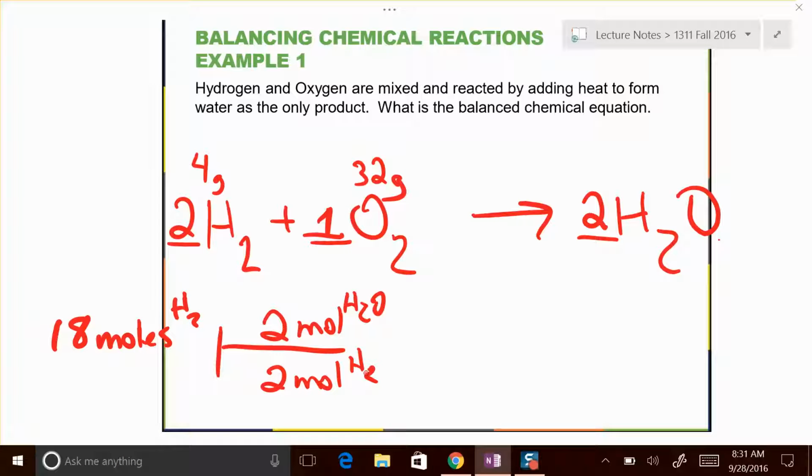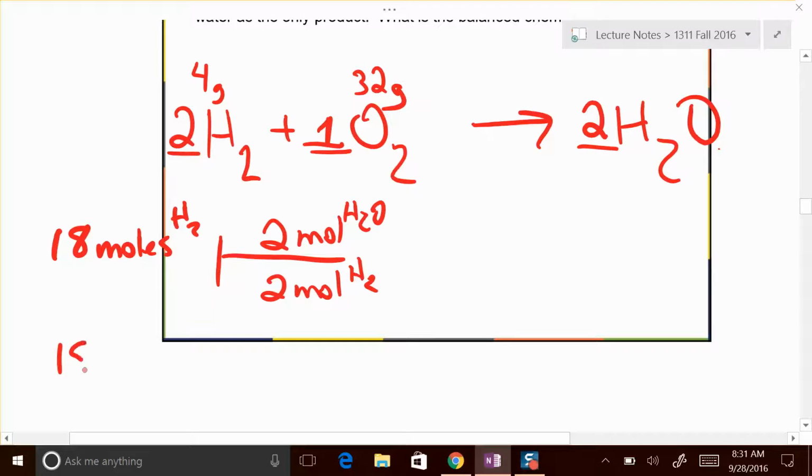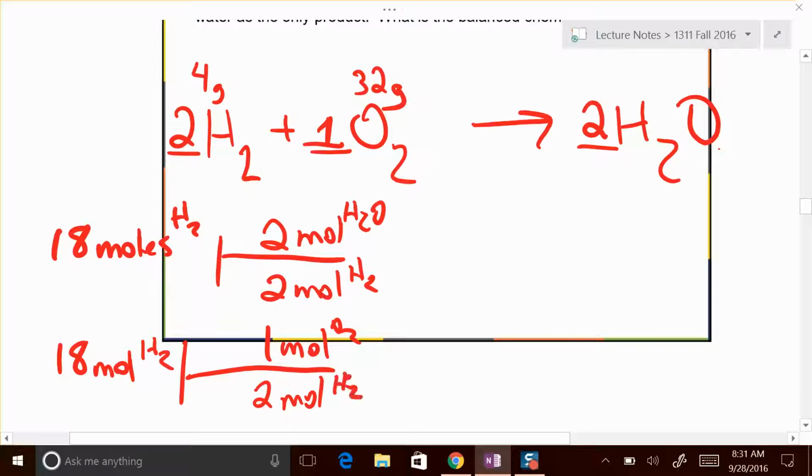How many moles of oxygen would react with 18 moles of H2? What's the ratio? Well, I have 1 mole of O2 for every 2 moles of H2. 9 moles of O2.